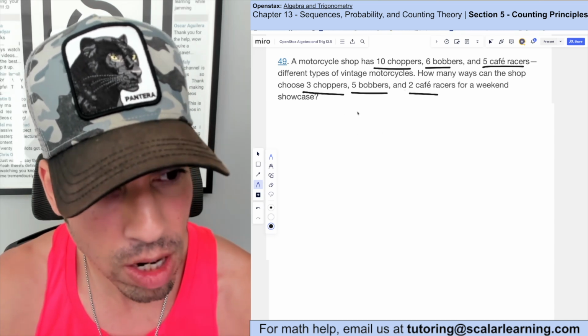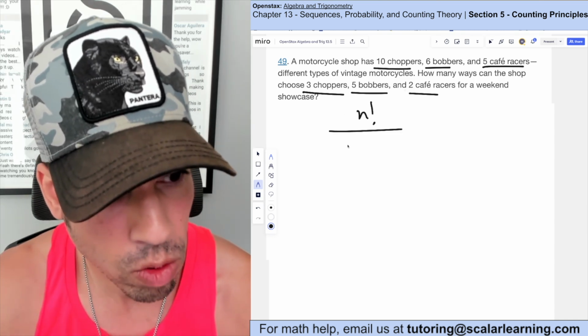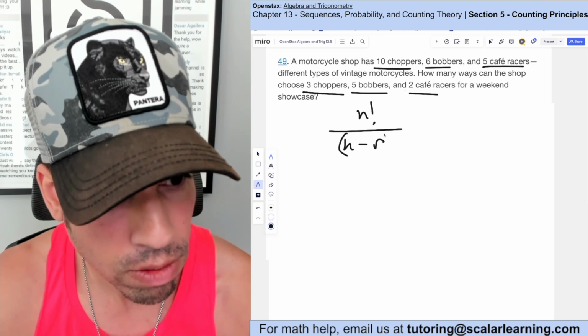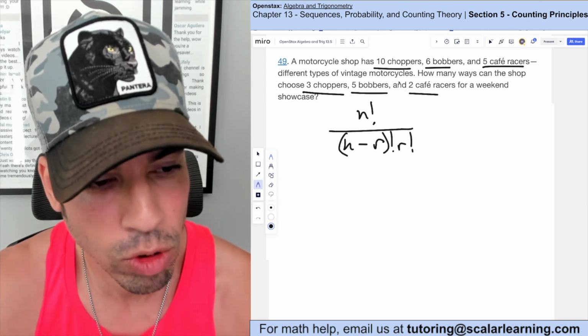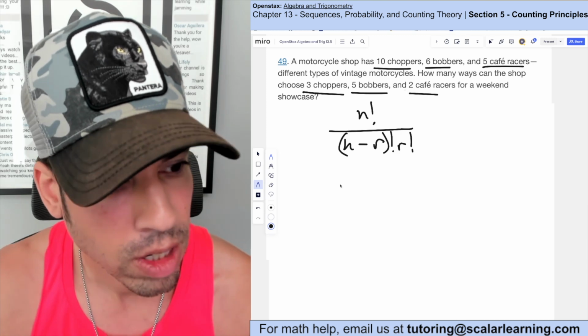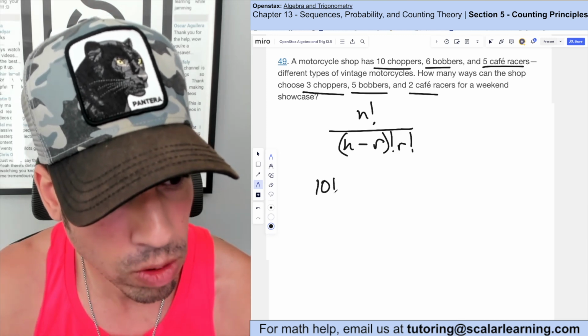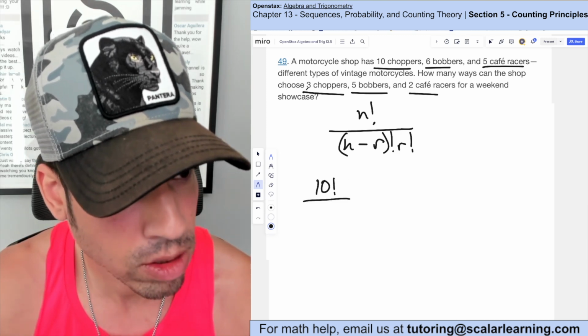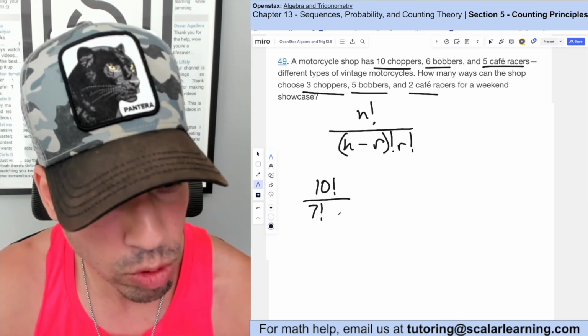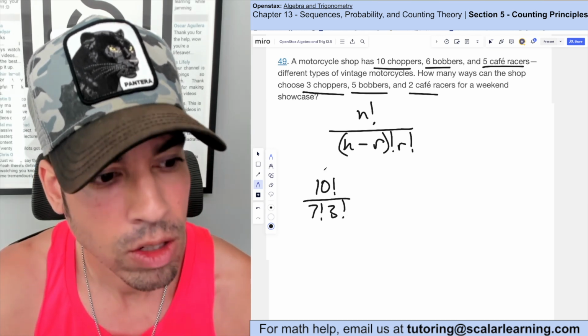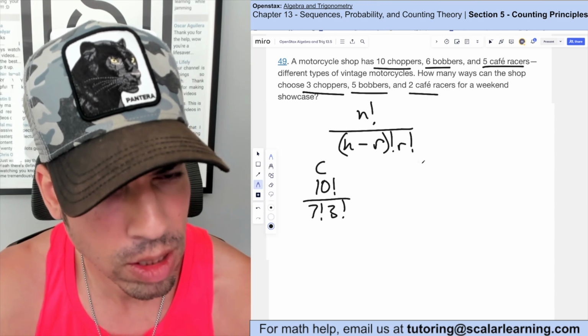And don't forget, our combination formula is n factorial over n minus r factorial times r factorial, where n is the total, r is the amount we're choosing. So for choppers, it's going to be 10 factorial over 10 minus 3, right? We're choosing 3, that's 7 factorial, times r factorial, which is 3 factorial. Okay, so this is for choppers. I'll put a C here.